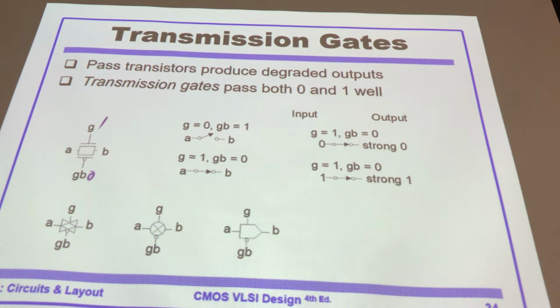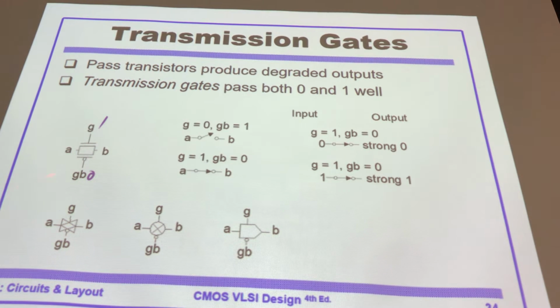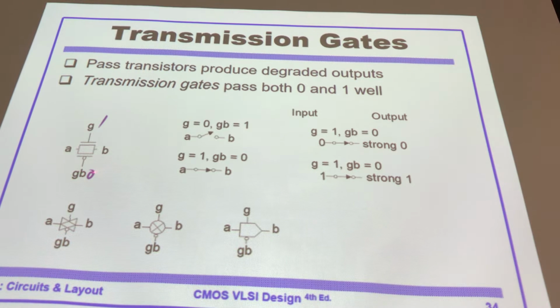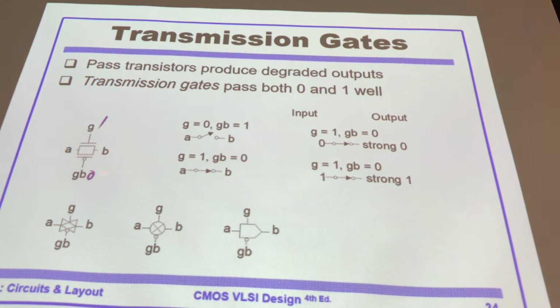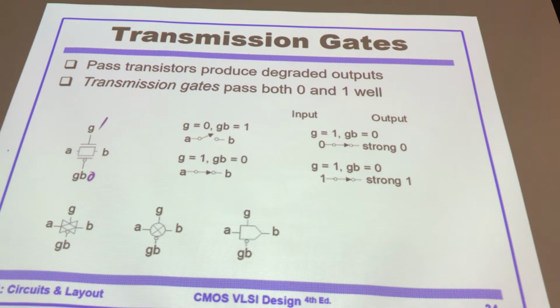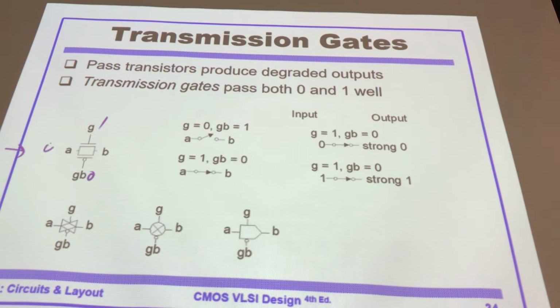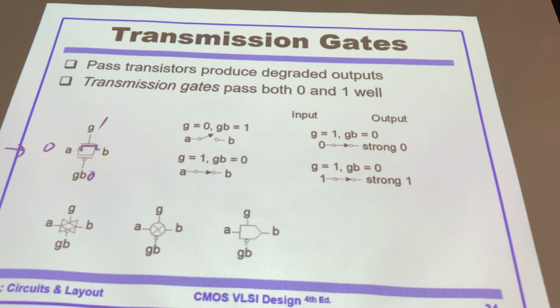And also, the point is that whether A is 0 or 1, you're getting good 0 and 1 at B. Why is that? Because if A is 0, the signal comes from there. But we say the NMOS transistor can conduct a good 0 to the output, right?